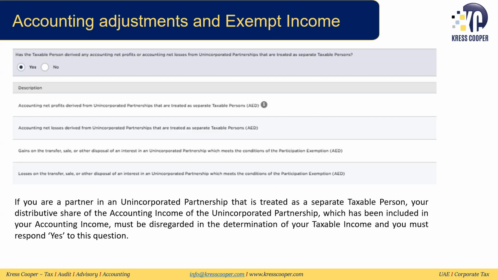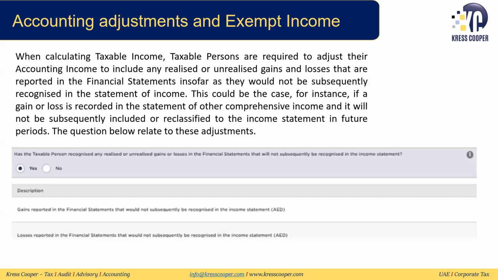If that unincorporated partnership is now treated as a separate taxable person, you will need to put in this figure so that it can be excluded from the accounting profit: the accounting net profit derived from the unincorporated partnership, net losses derived from the unincorporated partnership, any gain on transfer, sale, or other disposal of an interest in an unincorporated partnership which meets the condition of participation exemption, and losses on transfer, sale, or other disposal of an interest in the unincorporated partnership which meet the condition of participation exemption. Only if there is such an unincorporated partnership which is now treated as a taxable person will you need to exclude these amounts.